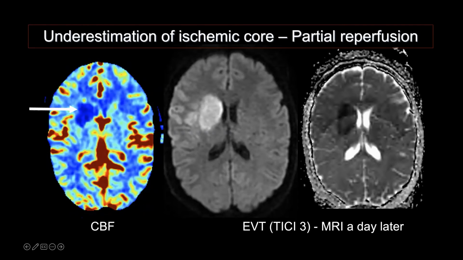And we see this many times, that there is this partial reperfusion. Remember, as the vessel is occluded, in a large vessel occlusion, the CBF, the flow, decreases. The brain is going to do everything in its power to get flow back to that area, which means vasodilation, recruiting the collaterals. So there is going to be some partial reperfusion there.